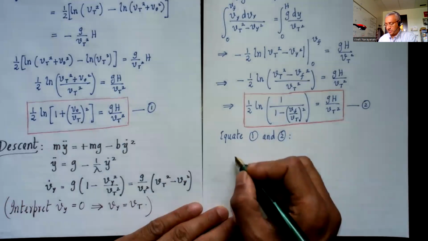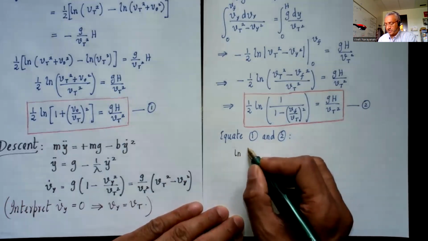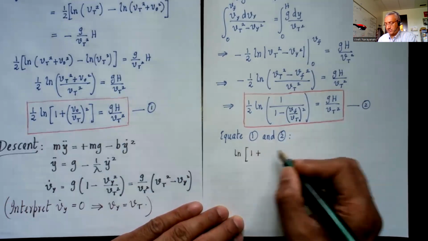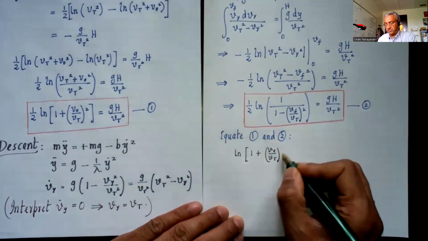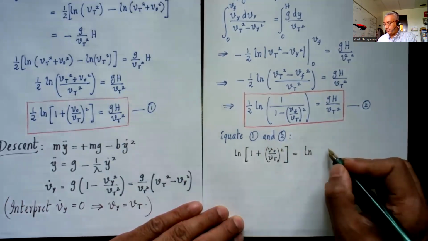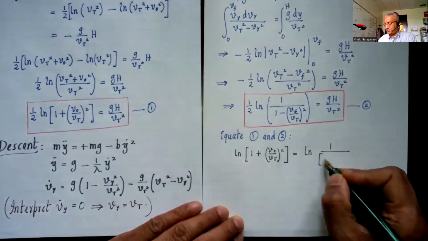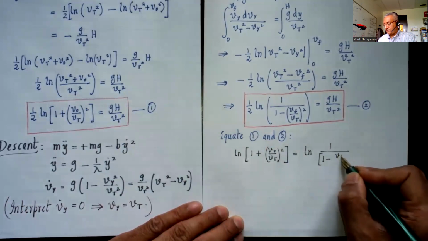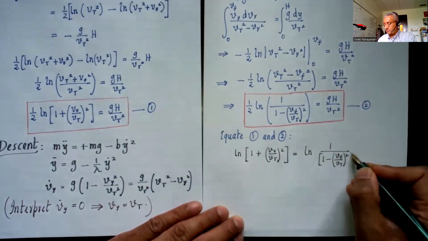One halves cancel out, so I get natural log of 1 plus v naught over vt, squared, is equal to natural log of 1 over 1 minus vf over vt, squared.